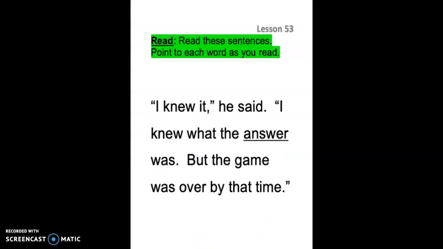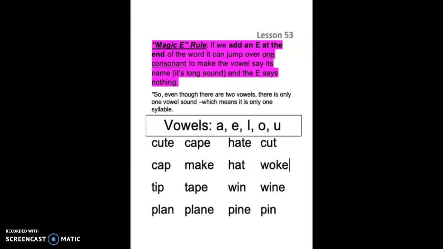Read these sentences. Point to each word as you read. Now we're going to talk about our magic E rule. If we add an E at the end of a word, it can jump over only one consonant to make the vowel say its name.